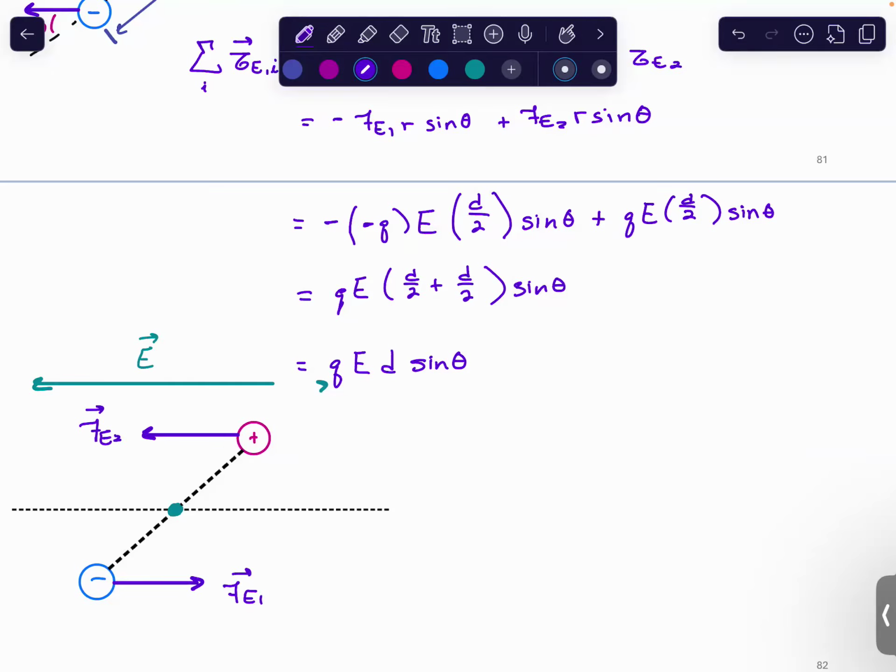I wanted you to see this on both sides, because again, we have our E over 2, E over 2, because this time your thetas are going to be there.